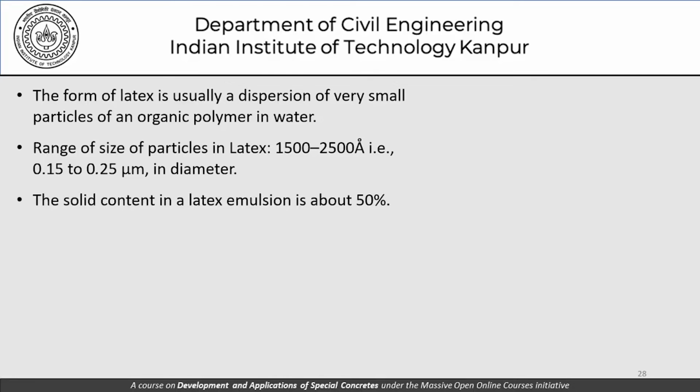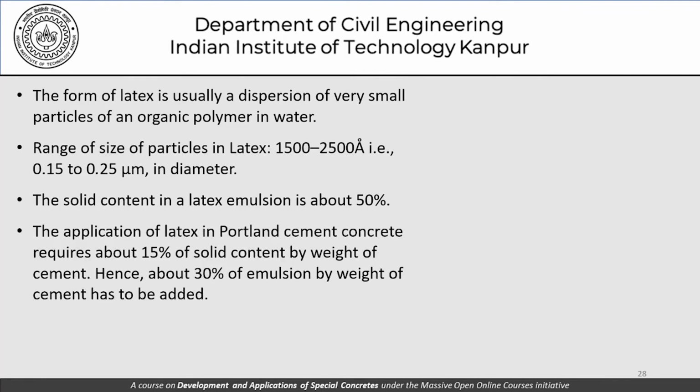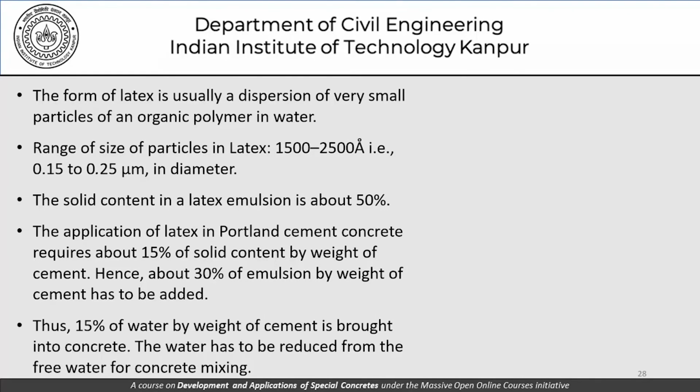The solid content in a latex emulsion is about 50%, and the application of latex in Portland cement concrete requires about 15% of solid content by weight of cement. Hence, about 30% of emulsion by weight of cement has to be added as an admixture when mixing concrete. Thus, 15% of the water by weight of cement is brought into concrete by this route, and this water needs to be adjusted from the free water that is added to concrete for mixing.